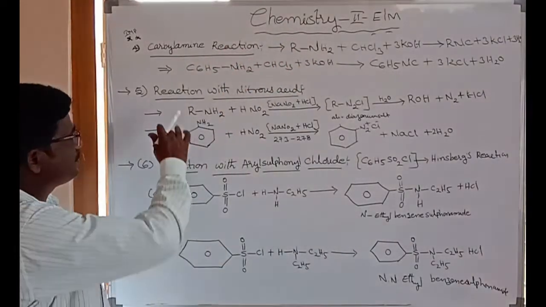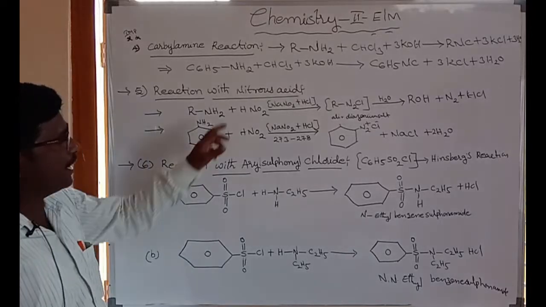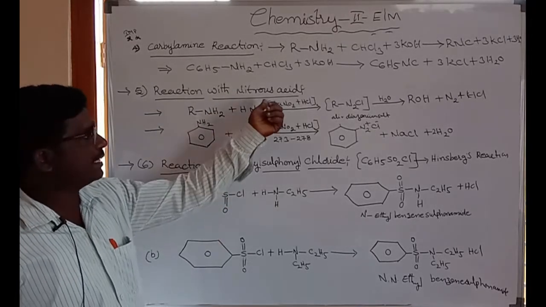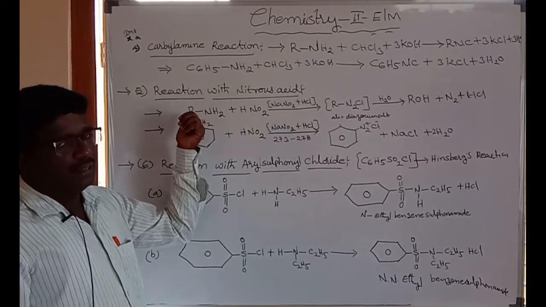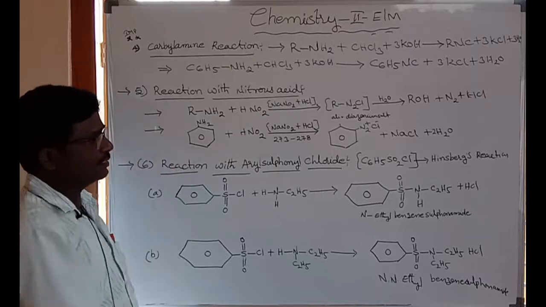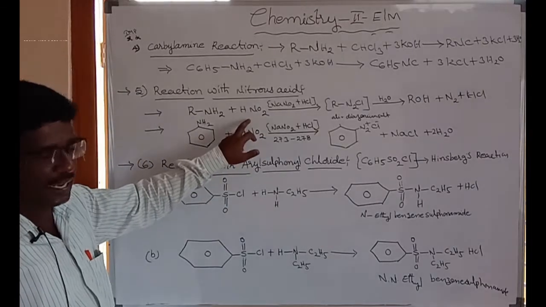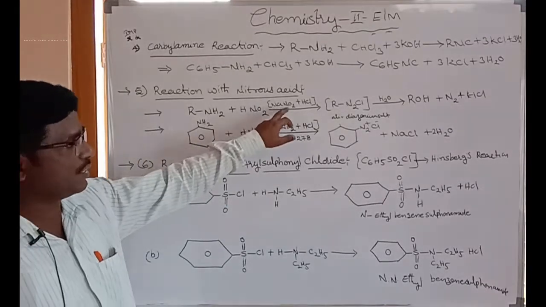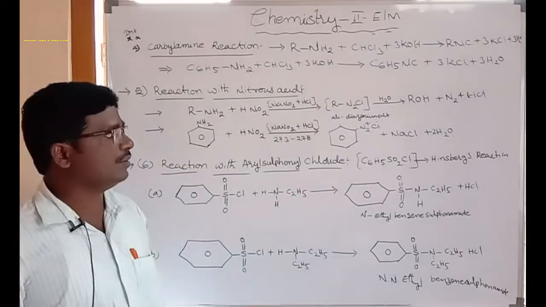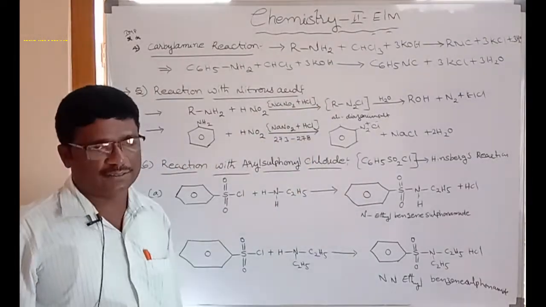Next, the fifth one is the reaction with nitrous acid, HNO2. Aliphatic amines or aromatic amines treated with nitrous acid, in the presence of sodium nitrite and hydrochloric acid, form an aliphatic diazonium salt.